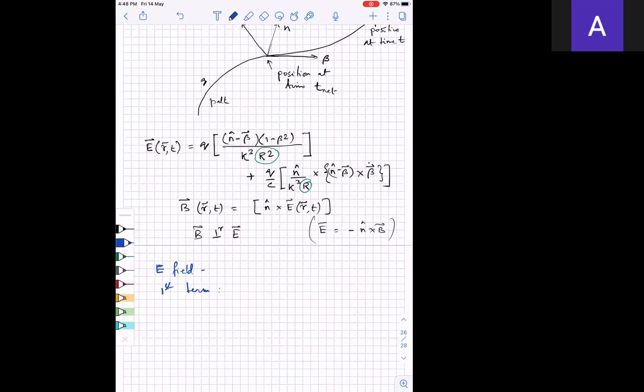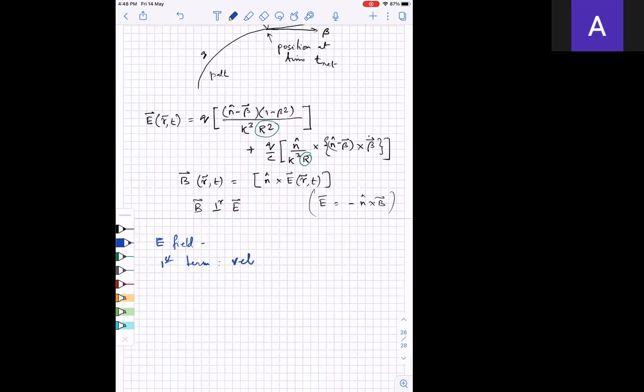I can also call it the velocity field in some sense, and this is proportional to 1 by r squared.